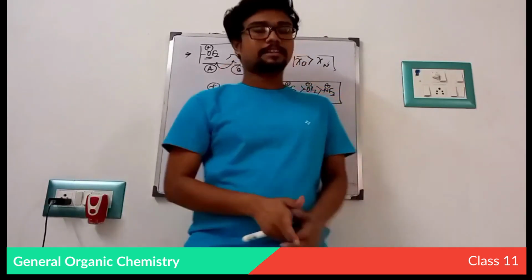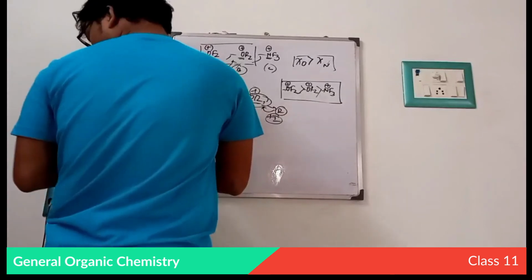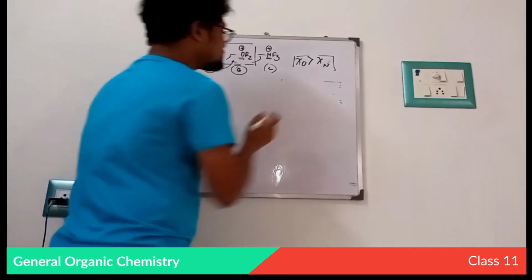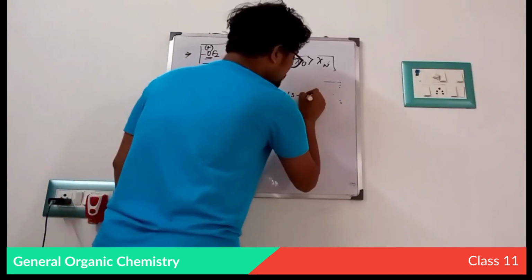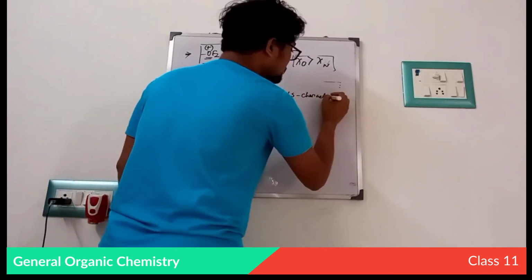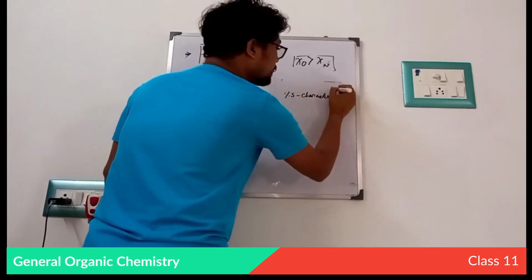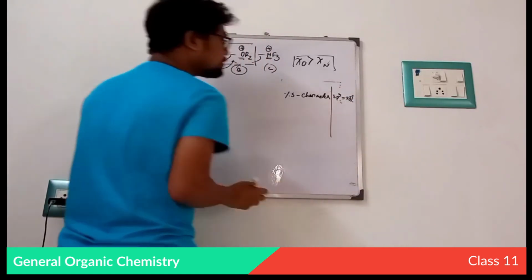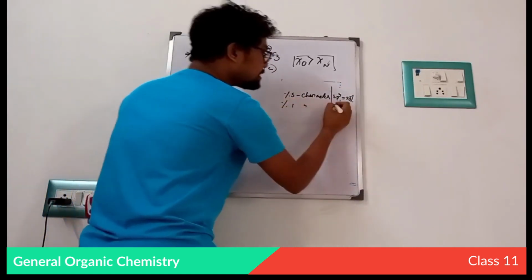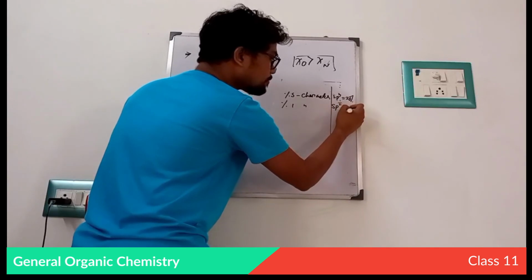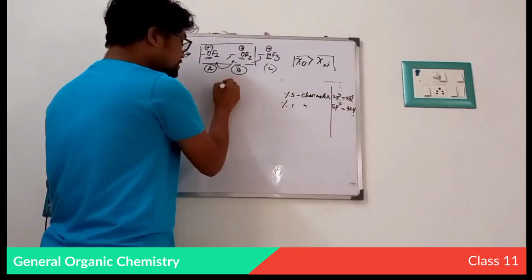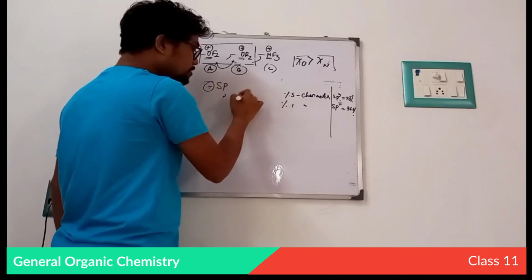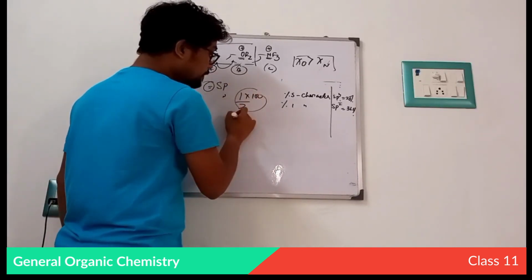Just a second, I have to tell something about this. What is the percentage of s character in sp3? That is 25%. Percentage of s character in sp2 is 33.3%. Now what is the percentage of s character in sp? Two hybrid orbitals are present, one s orbital, so 100 by 2 means 50%.